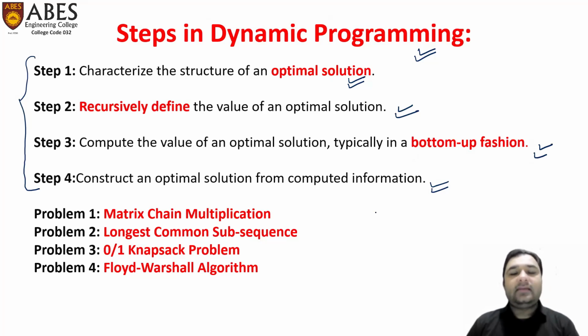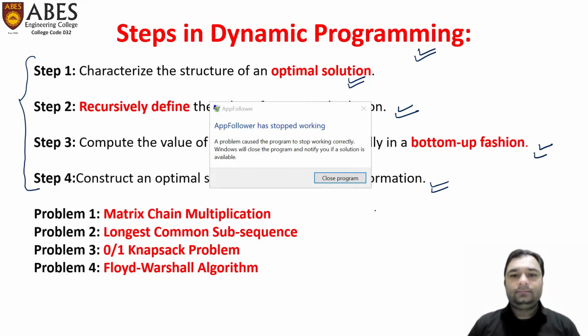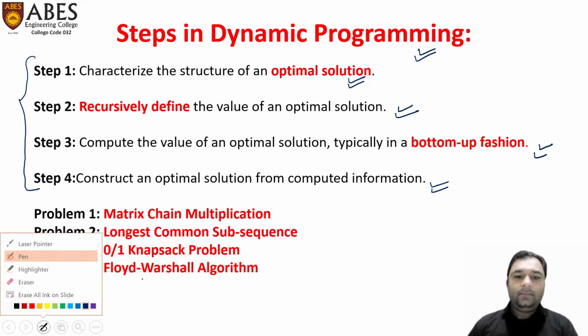That is, characterizing the structure of an optimal solution, then defining a recursive solution, then computing the value of an optimal solution typically in a bottom-up fashion, and then constructing an optimal solution from the computed information.